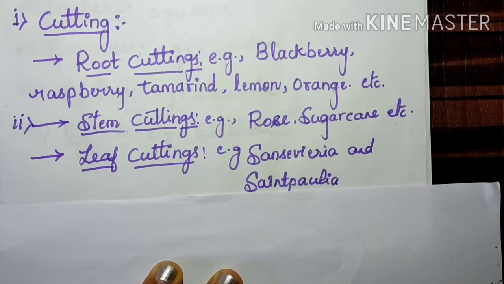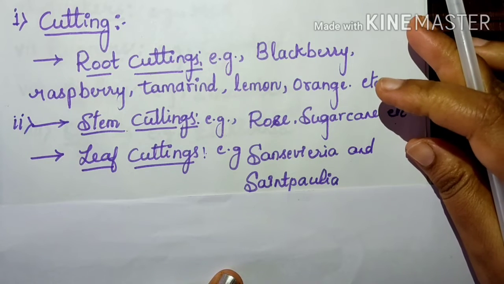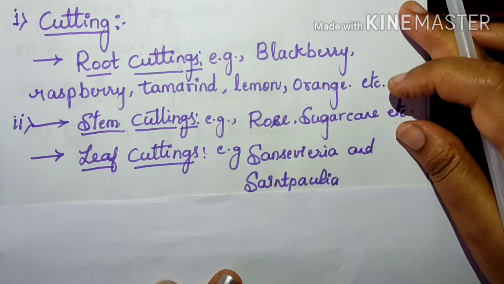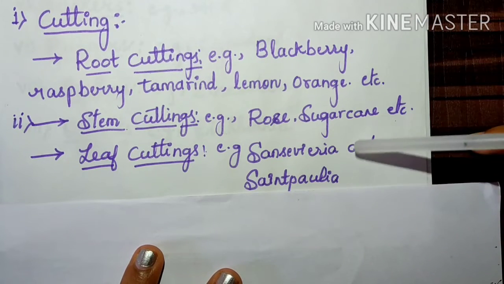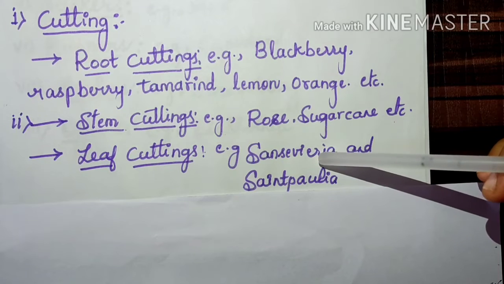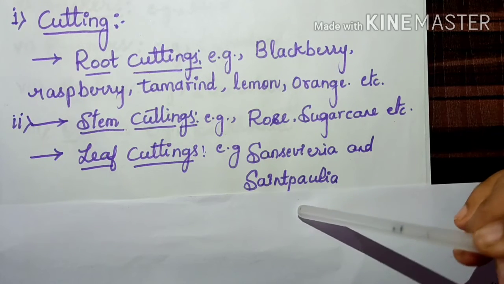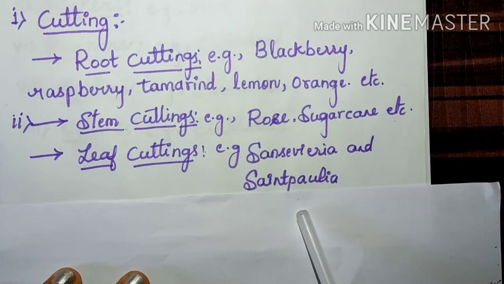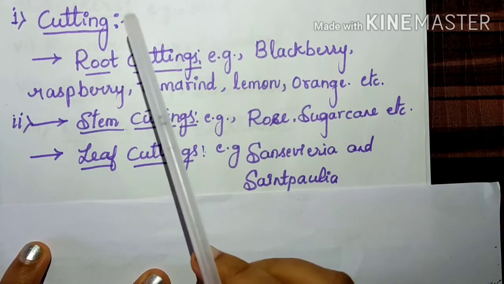Sansevieria is a flowering plant in the family Asparagaceae, native to Africa, Madagascar and Southern Asia, and it is commonly called snake plant. Saintpaulia is a herbaceous perennial plant which produces flowers. So this is about cutting.